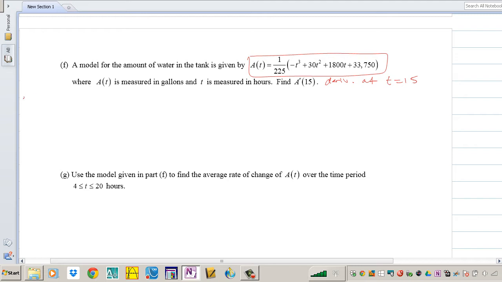So A prime of t is the limit as h approaches 0 of 1 over 225 times negative t plus h cubed plus 30 times t plus h squared plus 1800 times t plus h plus 33,750, minus the original function.